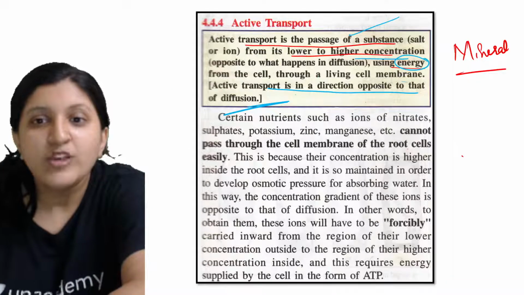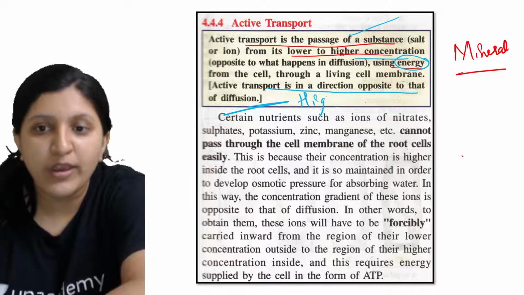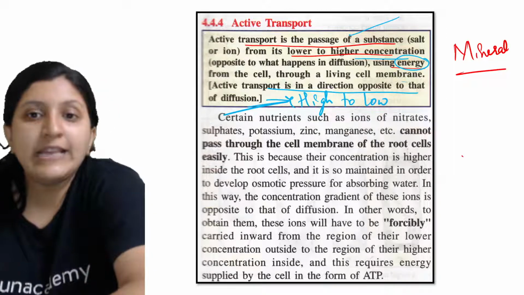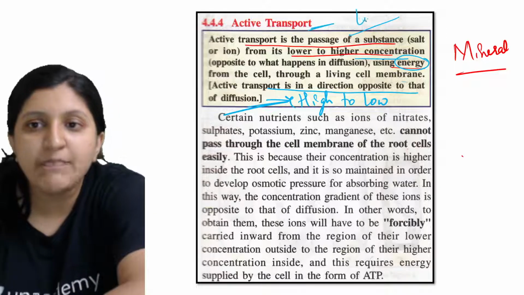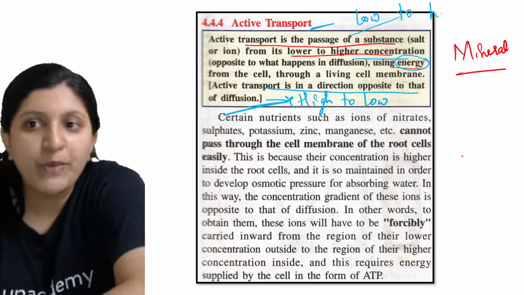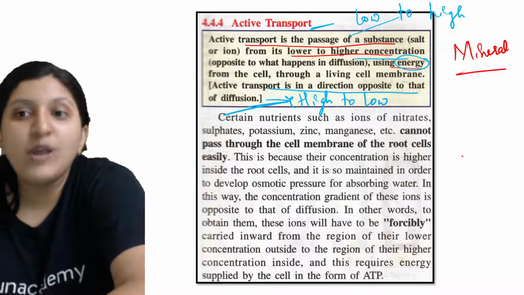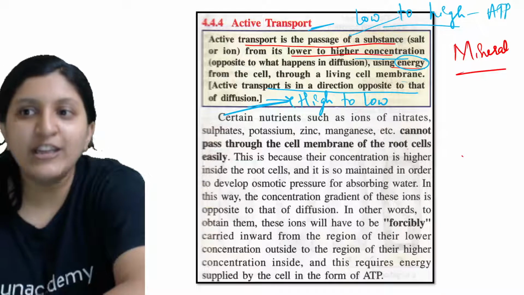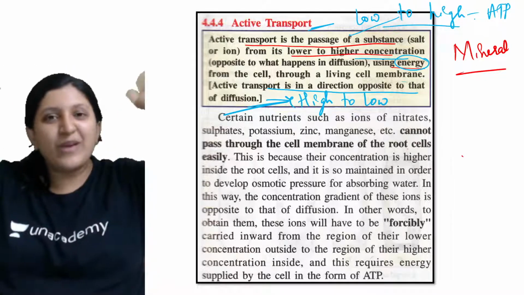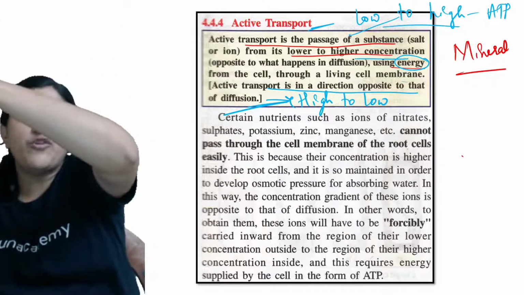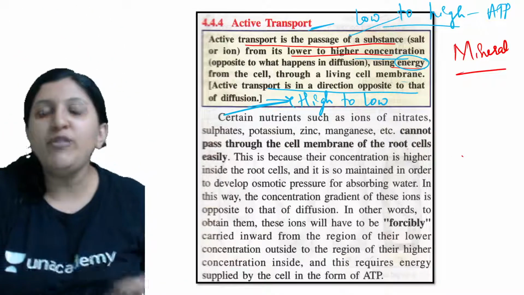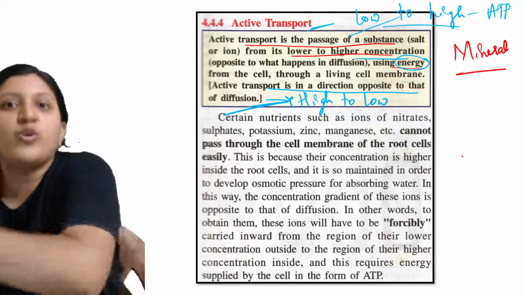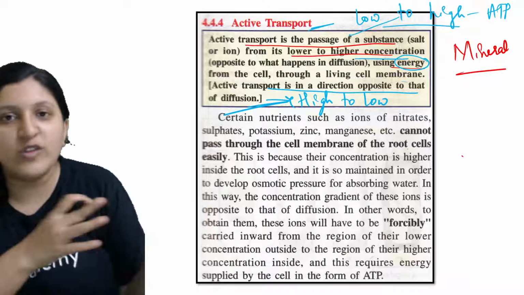In diffusion it is high to low, but in active transport the movement is low to high, and because of this you need to spend energy. Take water: water will flow down from a high region to a low region, and there is no water moving from low to high, because there is already less water, so no movement occurs.